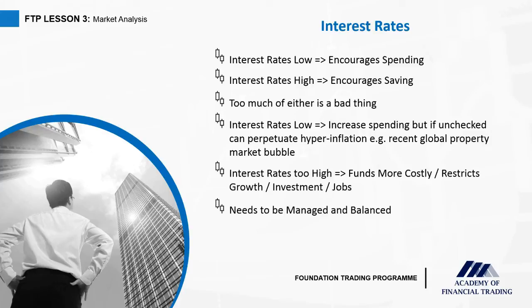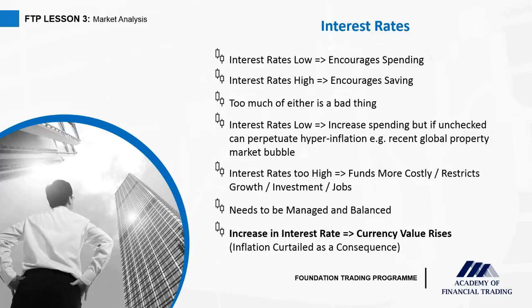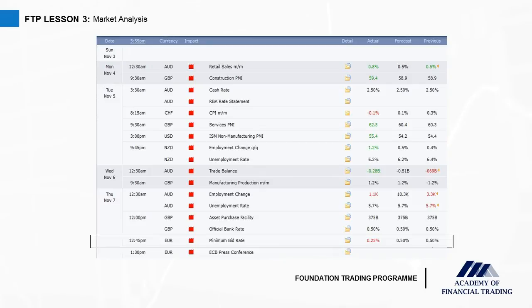Now, let's just see what impact one of these interest rate announcements can have on the market. Here we can see the ECB cut interest rates by 25 basis points. Previously the rate was 0.5%.